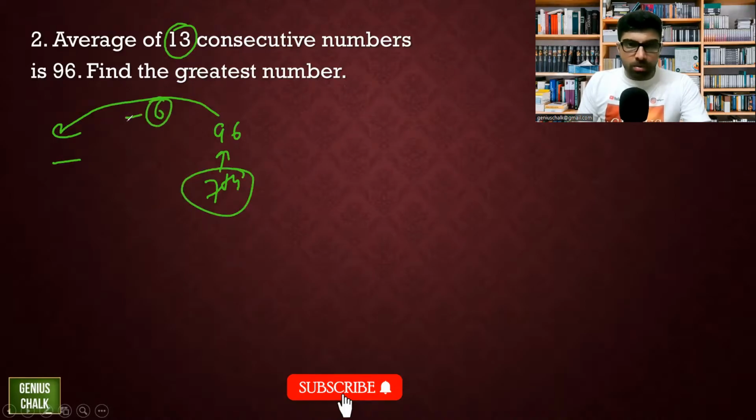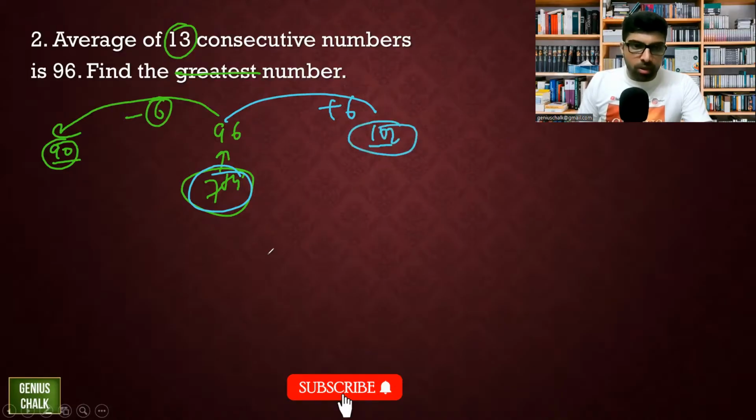Just go 6 steps back, and the answer is 90 for the smallest number. And if it is asking you the greatest number, add 6 here, because this is the 7th observation. If you add 6 observations more, then you will reach the 13th observation. So it is 102.